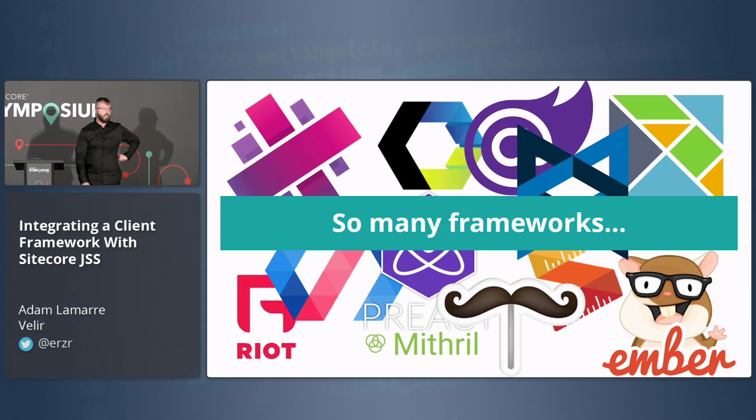One use case I can really think of is if you're working with a client that has a lot of experience with a particular framework: is it possible to take that framework that they know and love and integrate it with Sitecore JSS? And the answer is probably. So this presentation is about that. It's about what it takes to bring your own framework to Sitecore JSS and some of the challenges you're going to have to solve along the way.